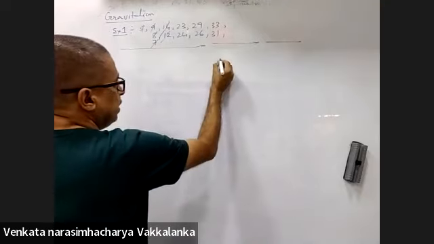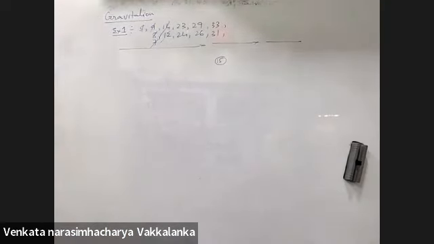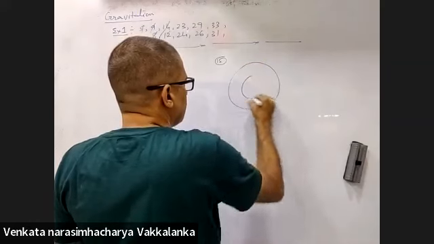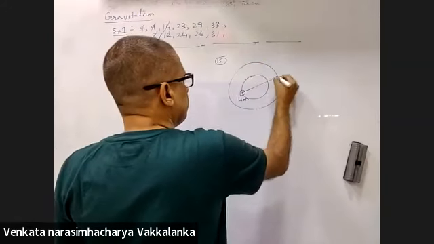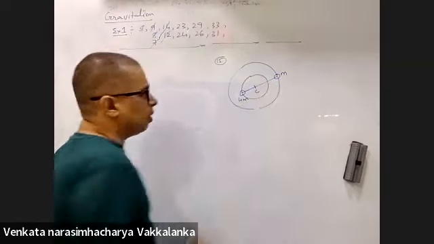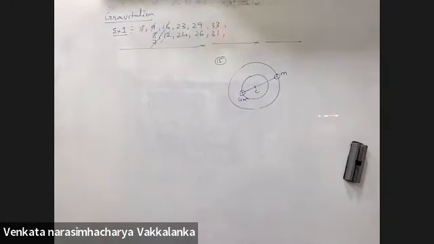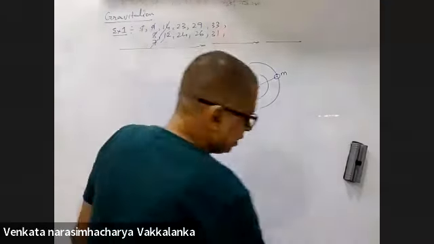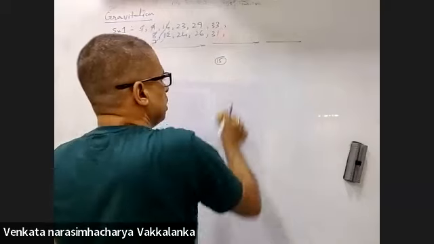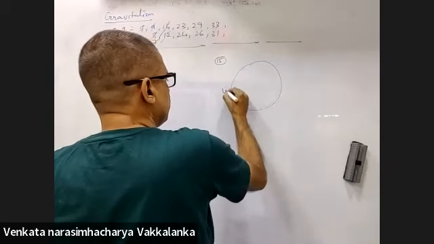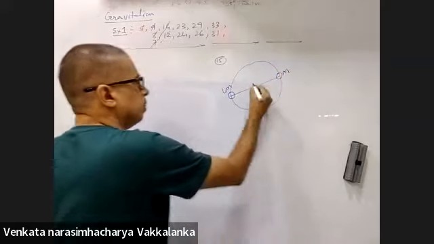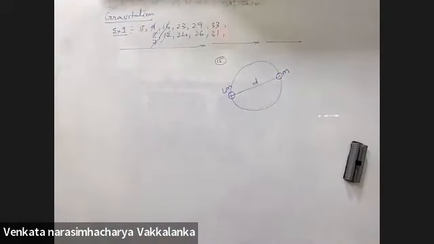Question number 15. Two point masses of masses 4m and m respectively, separated by a distance d, are revolving under mutual force of attraction. Ratio of their kinetic energies. This will be 4m and this will be m, going about their common center of mass. Are separated by a distance of d.